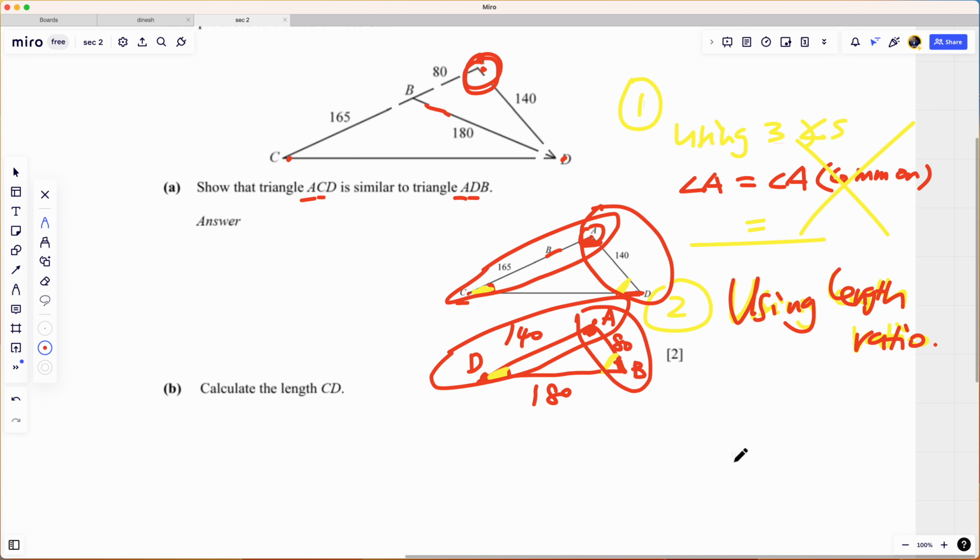You know what ratio is, right? Ratio means something divided by something. So if I pick 165 over 140, and then this 140 is over 80. This divided by this, divided by this. If these two ratios are the same, that means they are similar. That's called length ratio.